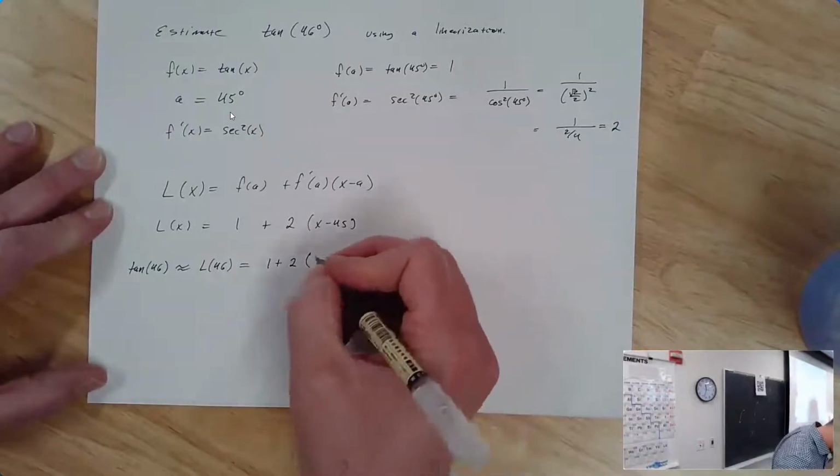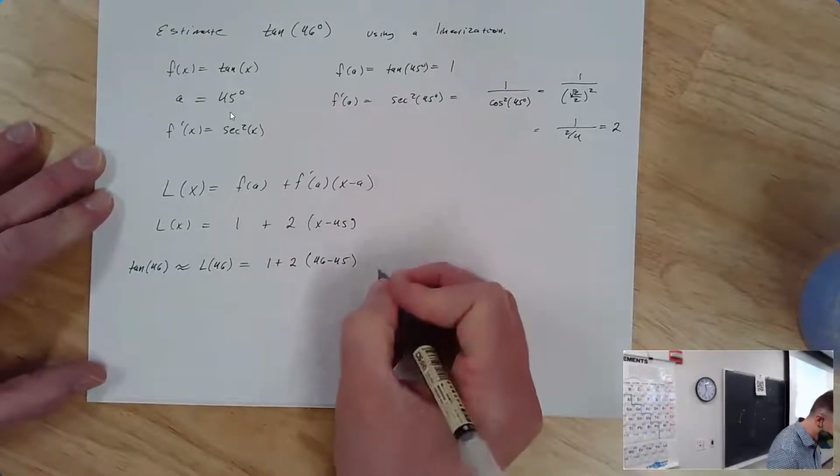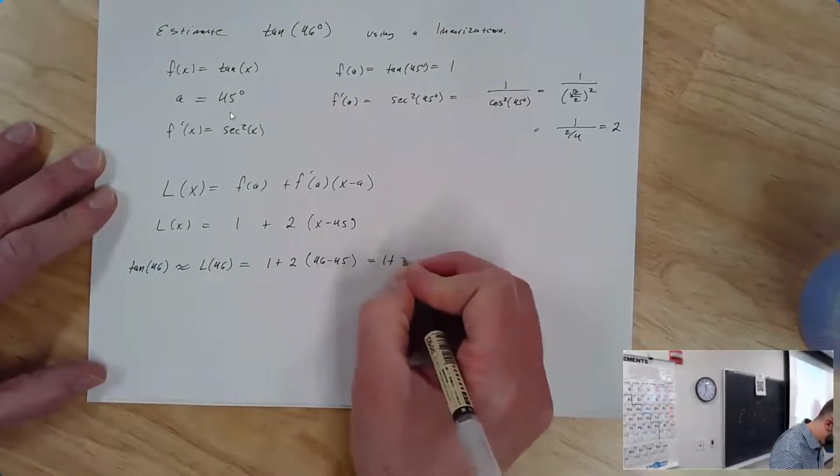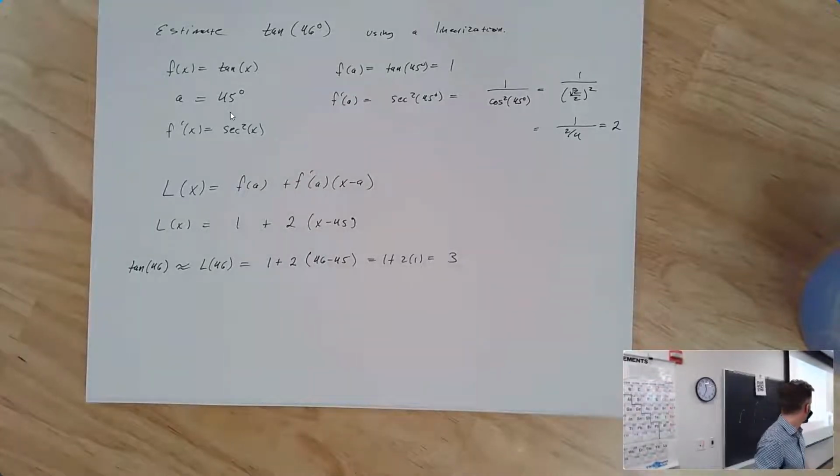Oh well, such is life. 46 minus 45, which is 1 plus 2 times 1, which is 3. Which seems kind of wrong, because tangent of 45 degrees was 1, and we went 1 degree bigger and tangent jumped up to 3.